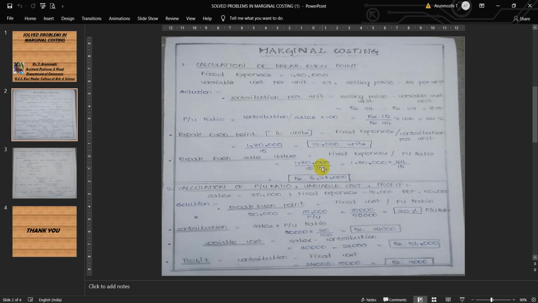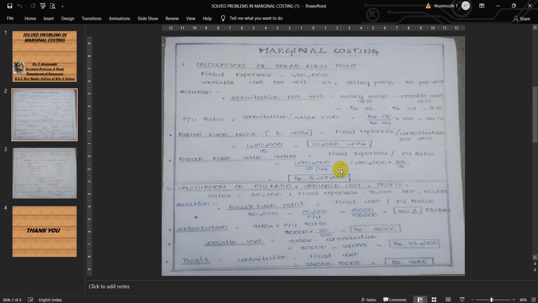So now we have break-even point in units. There are two formulas. When the break-even point is given in units, it is fixed expenses divided by contribution per unit, is equal to 1,80,000 divided by 15, which is equal to 12,000 units.